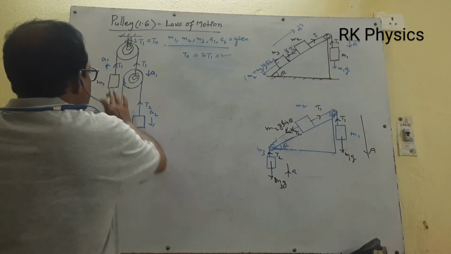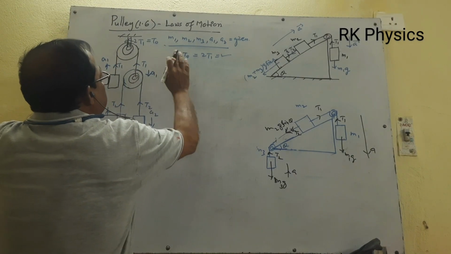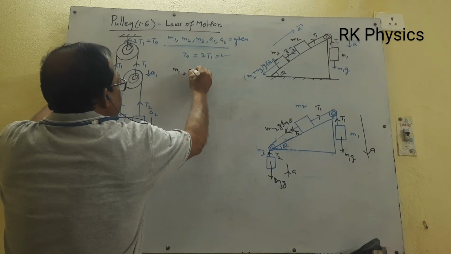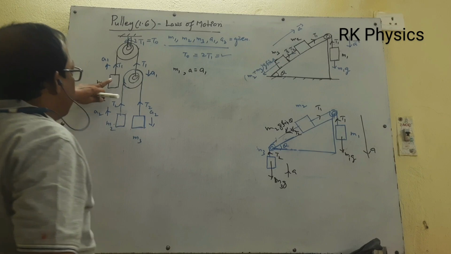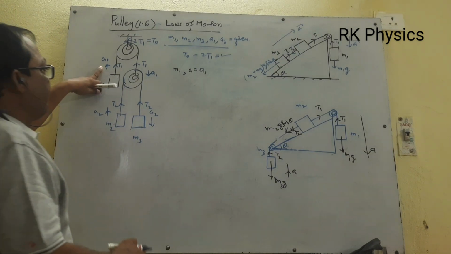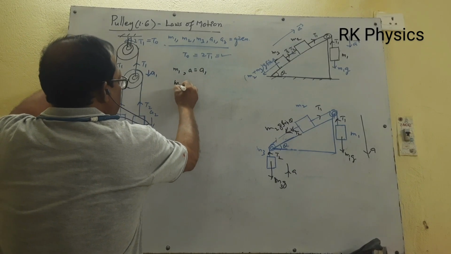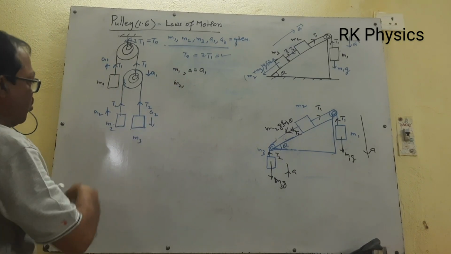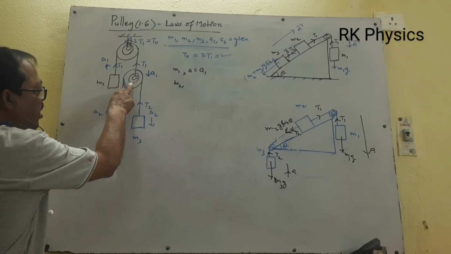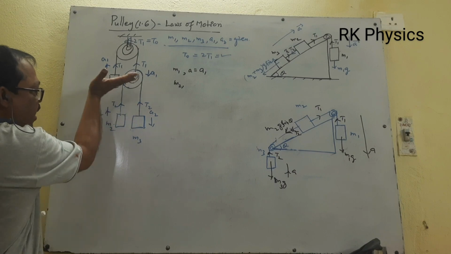Okay, now to calculate T1 and T2, first you assume mass m1. For mass m1, what is the acceleration? m1 is moving with the acceleration a1, it is given. Then for mass m2 you come. Mass m2 is within this slit, moving with the acceleration a2 up.